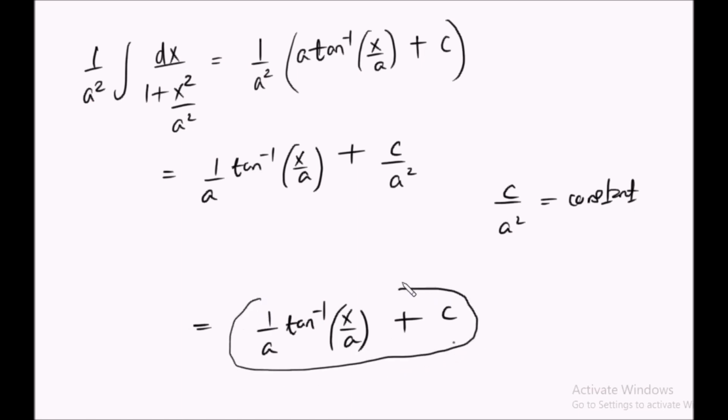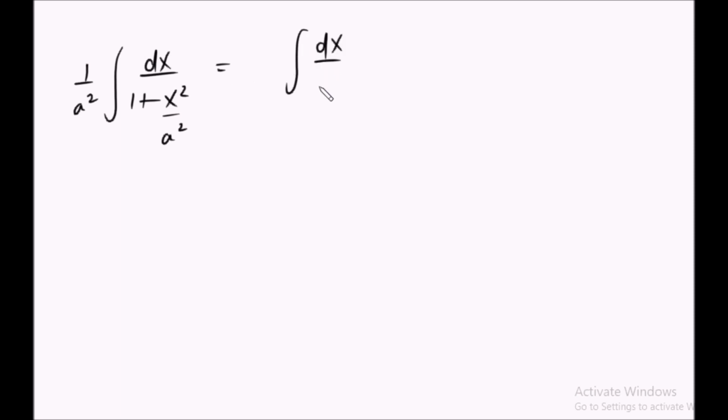So labda niandike vizuri. So tumesema kwamba 1 over a squared, okay, dx over 1 plus x squared over a squared, ambayo hii tu ni sasa na mtu aseme dx over a squared plus x squared ni sasa na, tumesema ni sasa na 1 over a tan inverse x over a plus c.